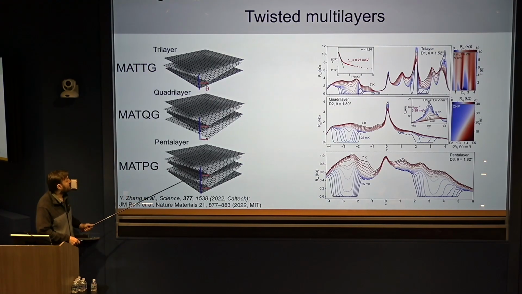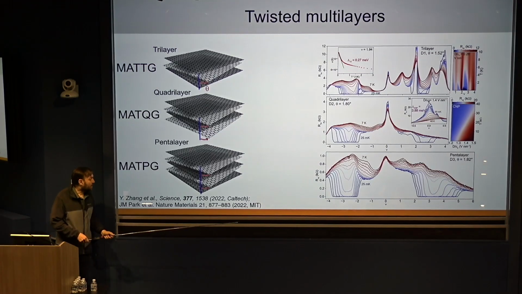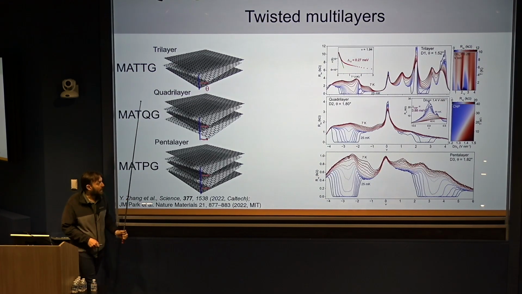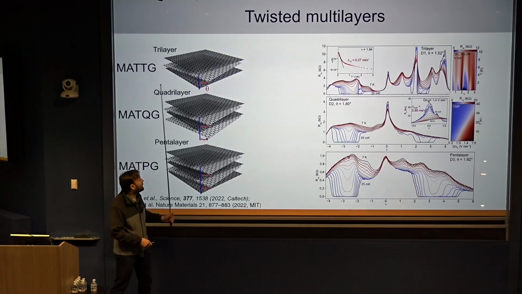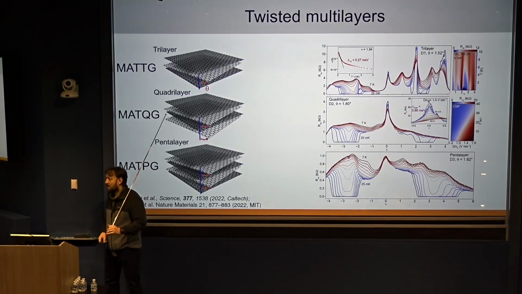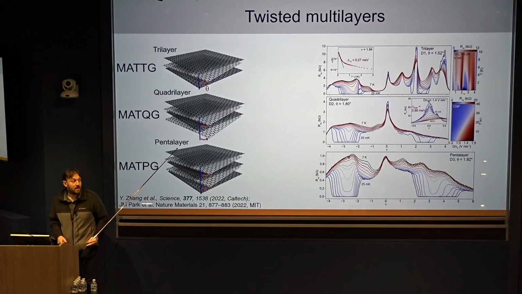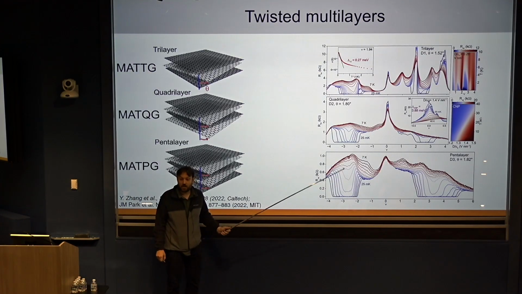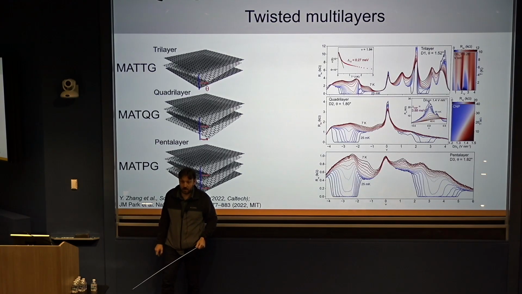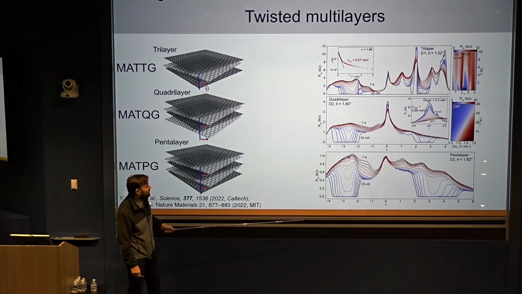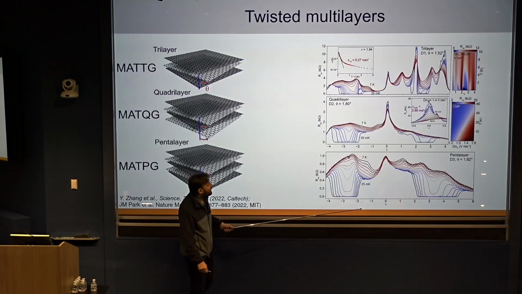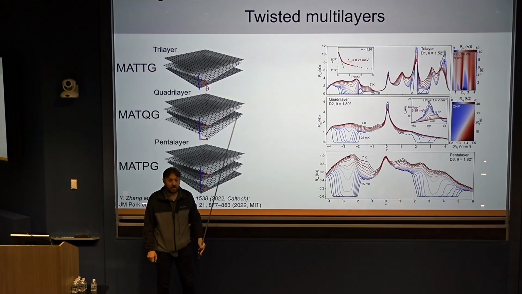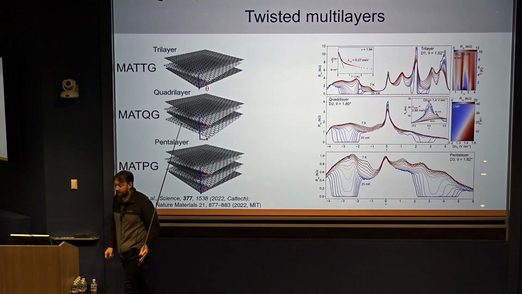You can go to 4 layers and 5 layers, and this was done some years ago, both at MIT and in our own lab. And what I want to highlight here, since this meeting is about superconductivity, is that all these structures are superconducting. They show robust superconductivity with roughly the same TC, but in a larger phase space of parameters.